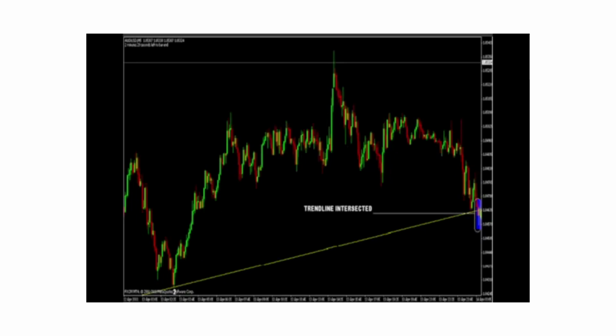So whenever a trend line is intersected significantly, it means that there is a change of trend. That's why we see that happen in most of our trades.